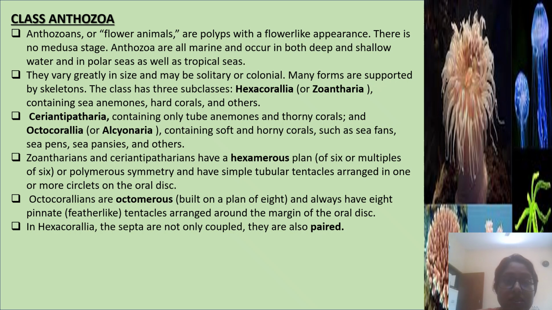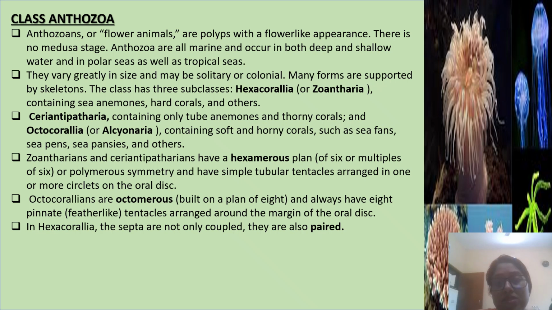The class has 3 subclasses: Hexacorallia or Zoantharia, containing sea anemones, hard corals and others. Next, Ceriantipatharia, containing only tube anemones and thorny corals, and Octocorallia, containing soft and horny corals such as sea fans, sea pens, sea pansies and others. Next, Zoantharians and Ceriantipatharians have a hexamerous plan.